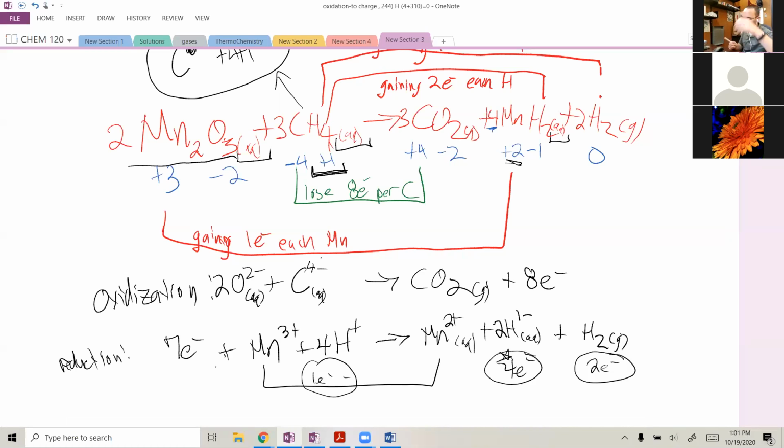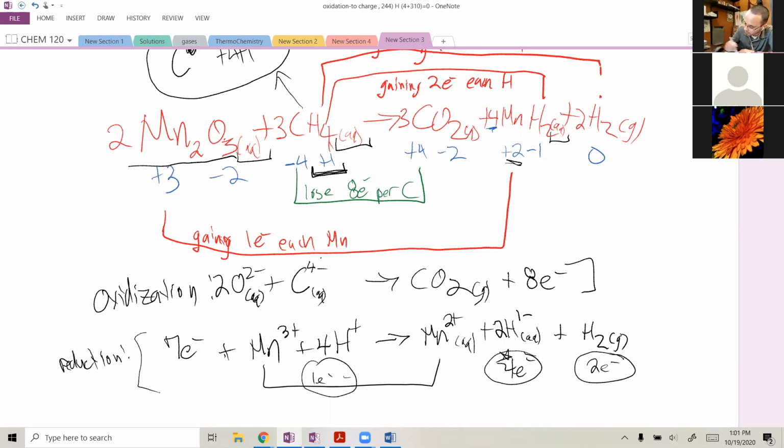If we wanted to balance them for our 8 electrons that we transfer here with our 7 electrons down here, what do they both go into? What number do they both share? 56, right? So 8 and 7, they would both share our 56.